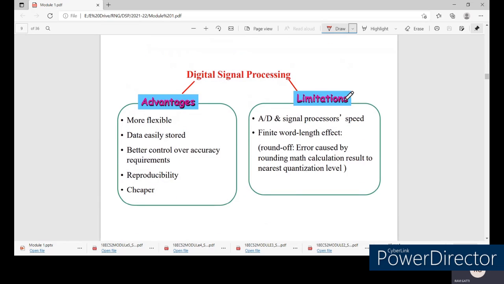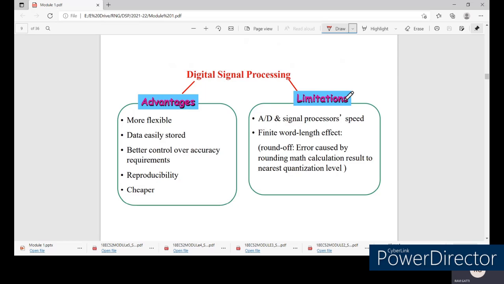Okay, so now let us try to understand what the advantages are. Why do we go for digital signal processing? It is because it is more accurate and it is independent of time. Because of these two important factors, we go for digital signal processing. It is also as efficient as possible.